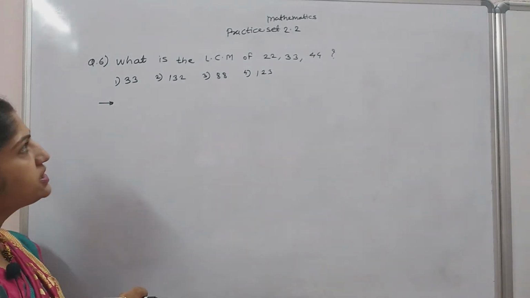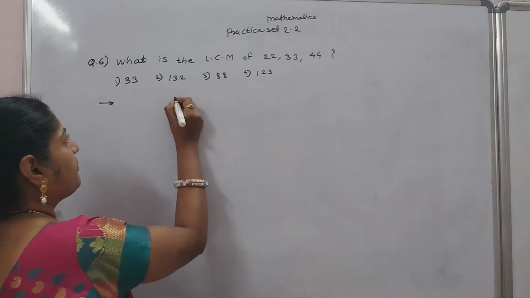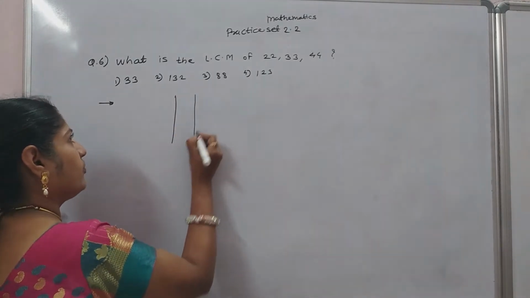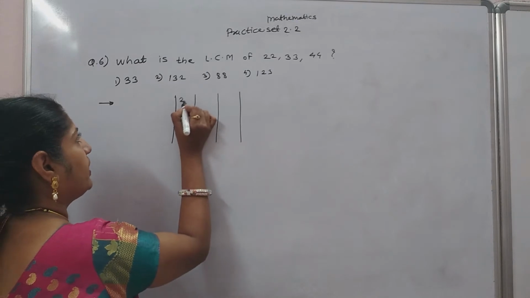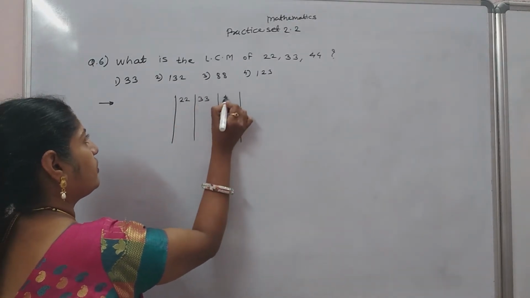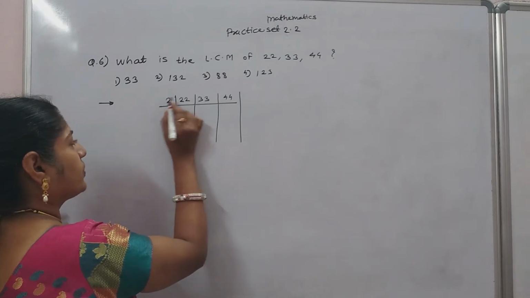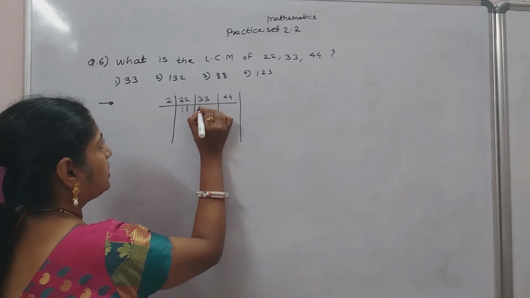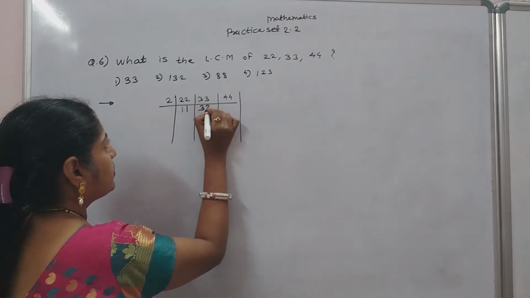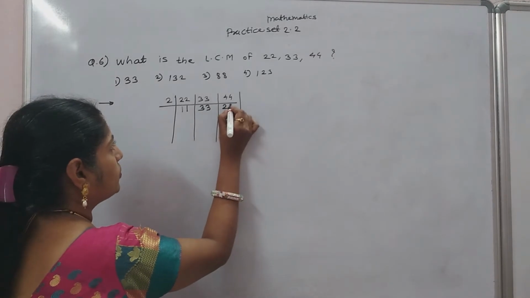Next is, what is the LCM of 22, 33 and 44? By the factorization method, at a time we have to find the factors of 22, 33 and 44. First divide by 2: 2 1s are 2, 2 1s are 2. Now 33 is not divisible by 2, so I write 33 as it is. 2 2s are 4.